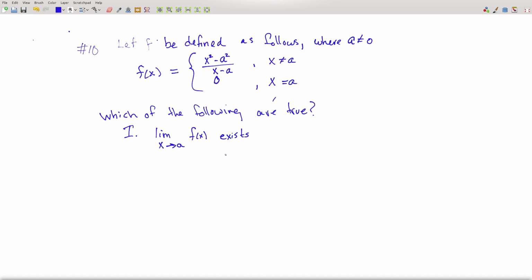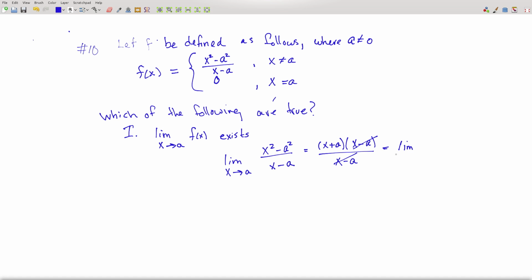So let's think about the limit as x approaches a of x squared minus a squared over x minus a. Well, you see this numerator is a difference of perfect squares, so this can be written as the quantity x plus a, times the quantity x minus a. This whole thing is over x minus a. And we see some factors that can be canceled out. We can cancel the factor from the top and the bottom.